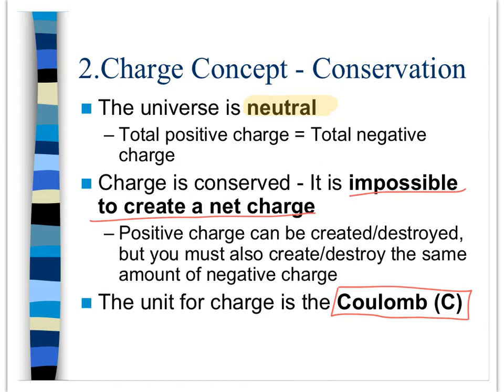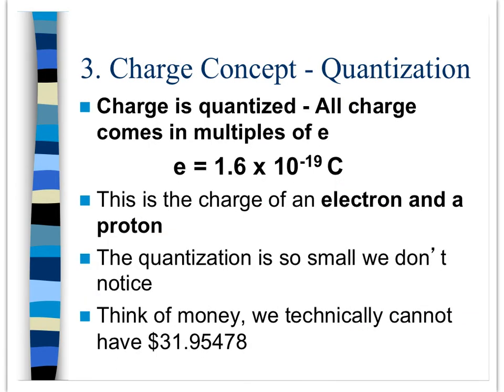That's our standard. The other concept we need to talk about is the fact that charge is quantized. I'm going to jump ahead to the definition of quantized: quantized means that it comes in discrete units. I know you've talked about this before, possibly in your chemistry class, but it comes in discrete units. Money is a great example of something that is quantized.